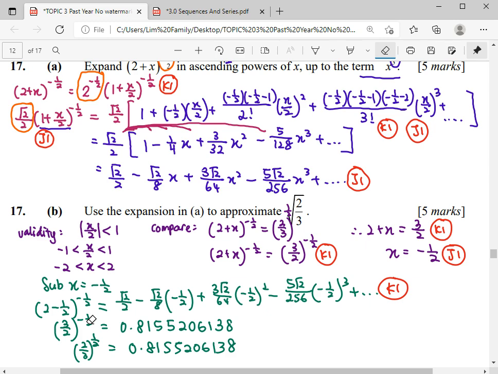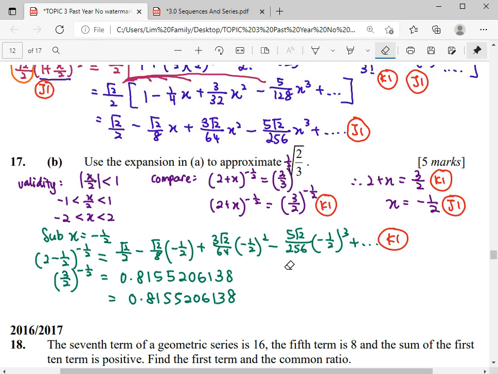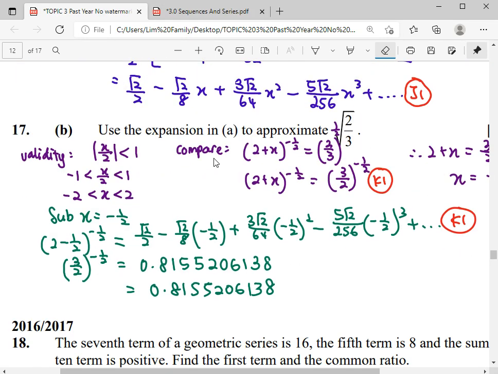Or I can write it clearly: 2 over 3 power negative 1, and then the whole thing power negative half again. After I write that, I come to my final answer, because negative negative becomes positive, and power 1 over 2 I can write as square root of 2 over 3, as the question asked.